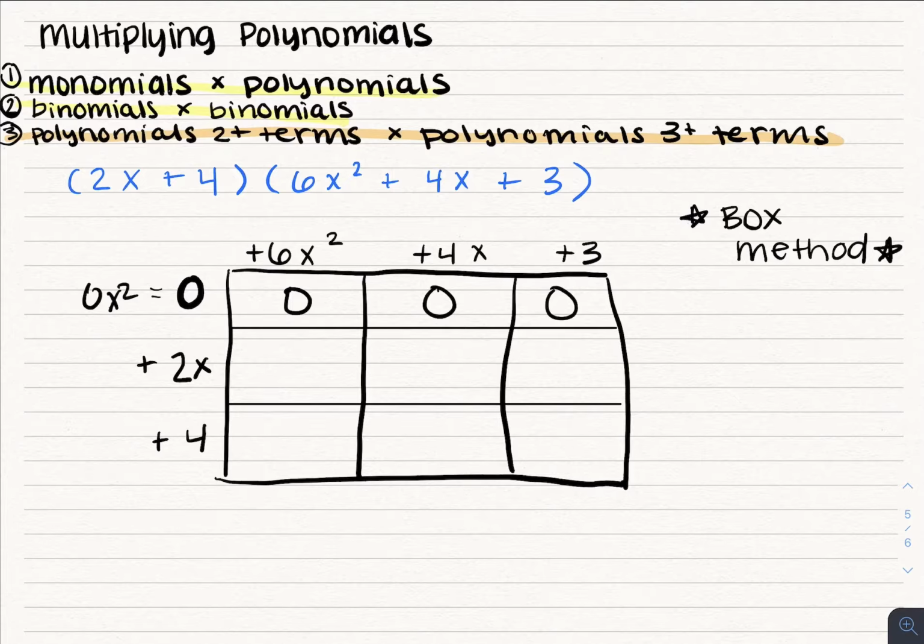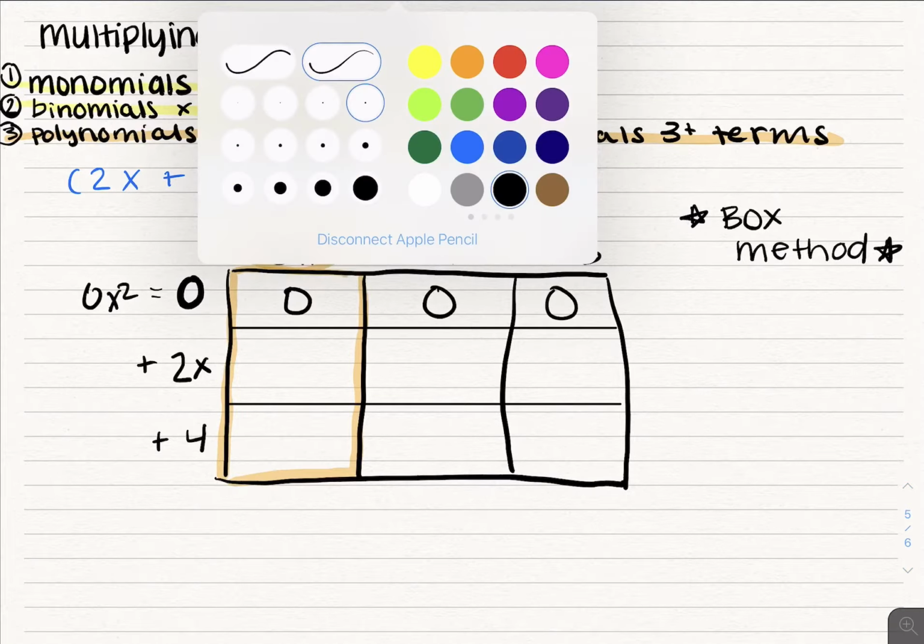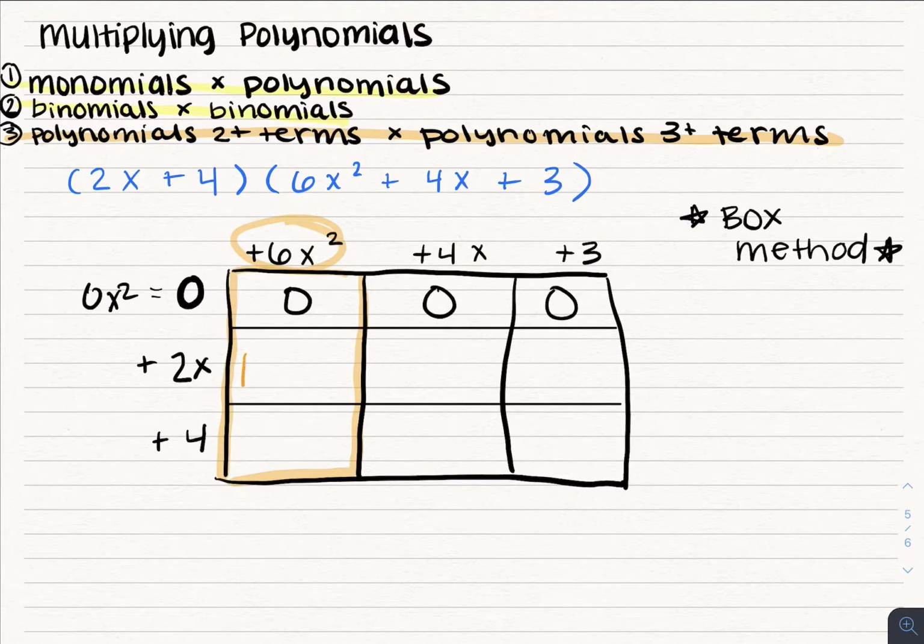So let's do this column right here first. What is 6x squared times 2x? Well, our coefficients are 6 times 2, which is 12. And our variables are x squared times x. So x cubed. Right? So we're still in this column, so we're still using 6x squared, and now we're multiplying it by 4.